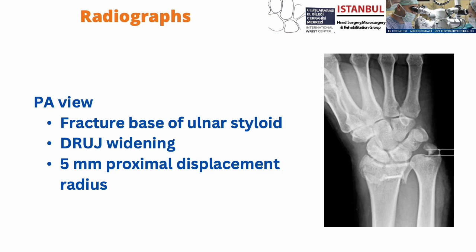The radiograph may show a fracture at the base of the ulnar styloid, may show DRUJ widening and more than 5 mm proximal displacement of the radius, which are usually associated with DRUJ instability.